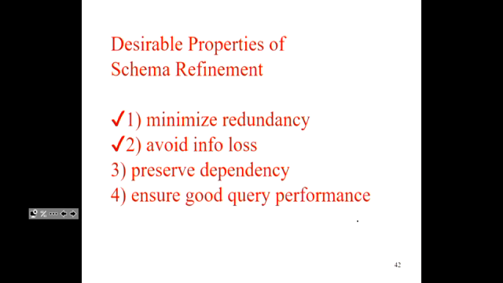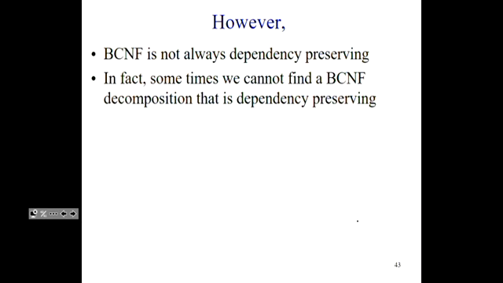Now, what is not guaranteed by BCNF is the preservation of dependencies and ensuring good query performance. That's what we are going to look at next, at least number 3. While BCNF does not guarantee the dependency preserving property, which is often important, the next normal form that we're going to discuss, third normal form, or 3NF, does preserve dependencies.